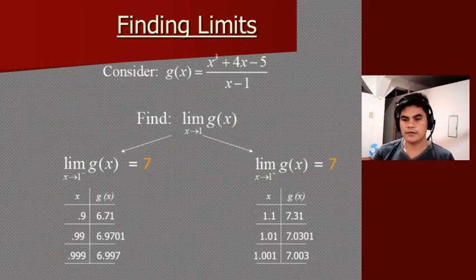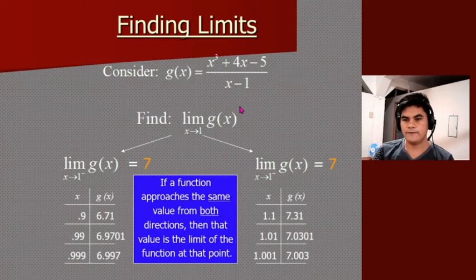So the limit of g(x) as x approaches 1 from the left and from the right is 7. Therefore, in this example, the limit exists. If a function approaches the same value from both directions, then that value is the limit of the function at that point.